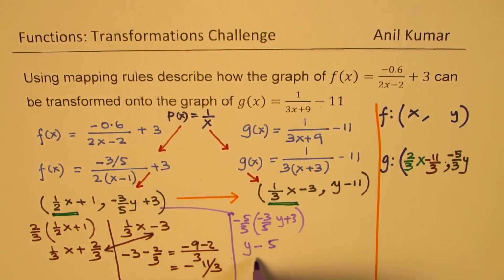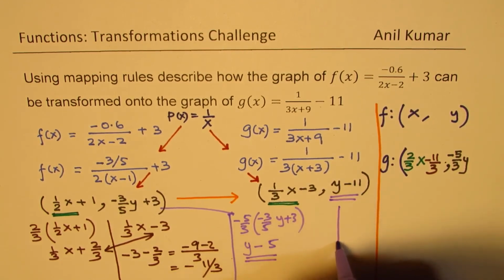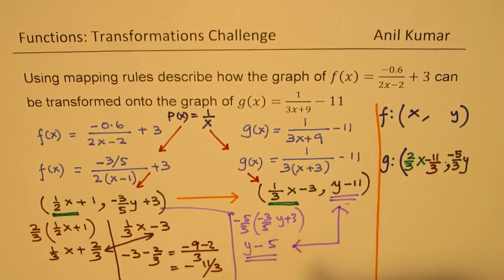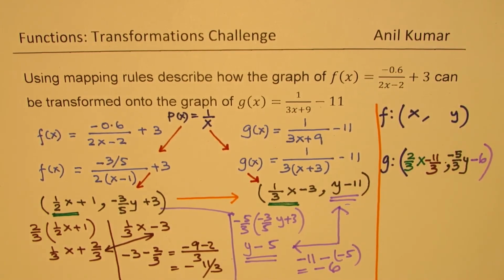And here we have y minus 11. If you link these two, what is the vertical translation? Well, it is minus 11 minus of minus 5, which is equal to minus 6. Is that clear to you? That is how we could relate the mapping of the two functions. Clear? Perfect? So that is our answer.